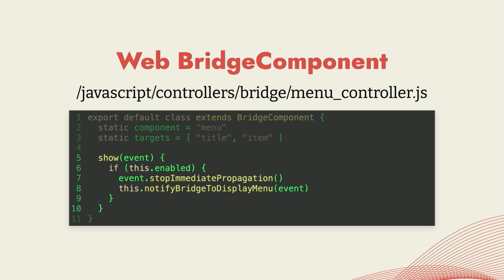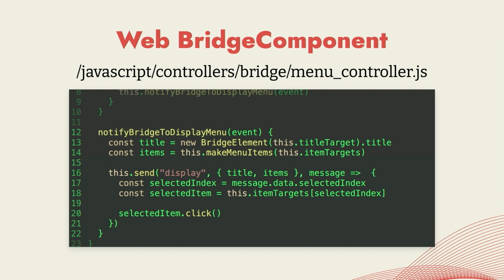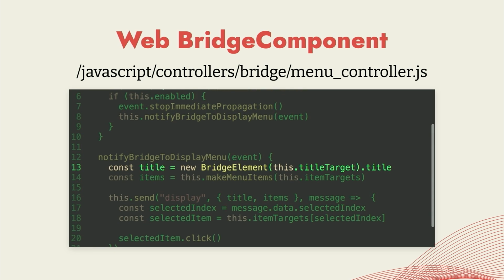And what we're going to do here is say if this is enabled, so if this component's enabled and the native app supports the menu component, we're going to stop the propagation of that event, and it will no longer bubble up to the regular menu controller. And then we're going to notify the native app that it needs to display a menu. So let's look at how that's set up.